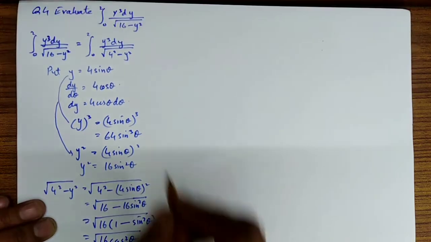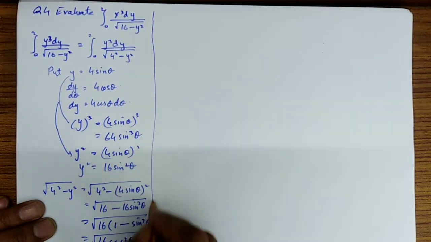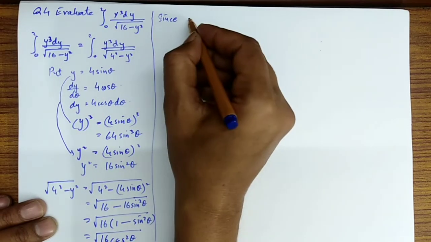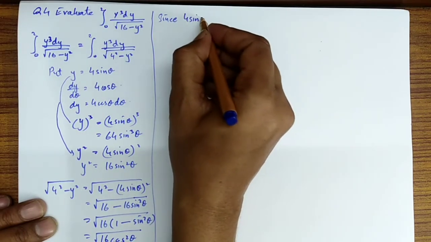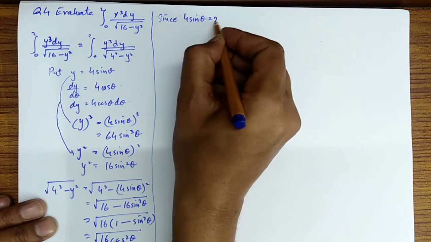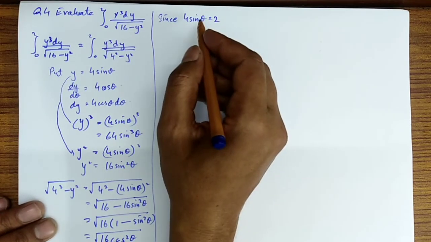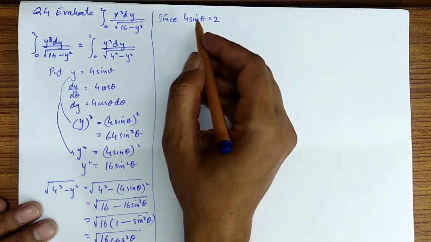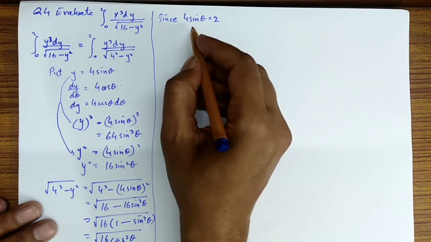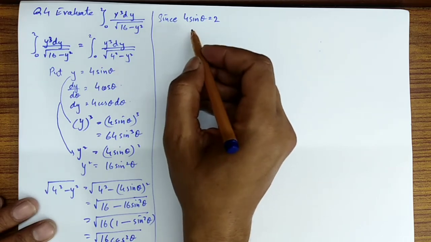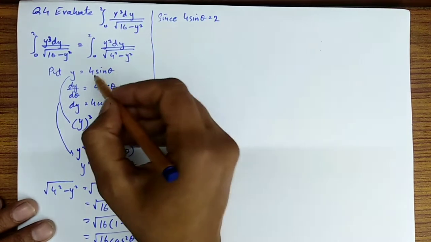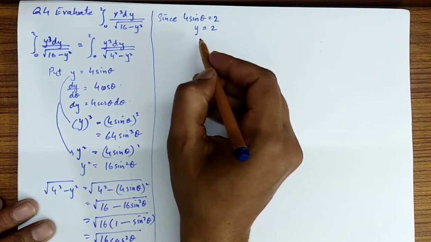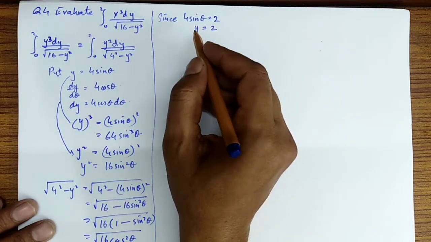Let's also suppose that since we have taken y equals 4 sine square theta is equal to 2, so it means y is equal to 2, right?